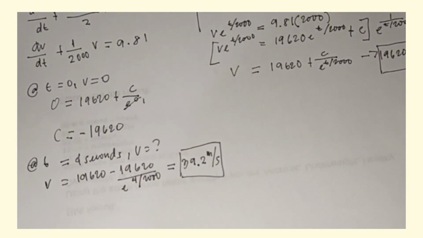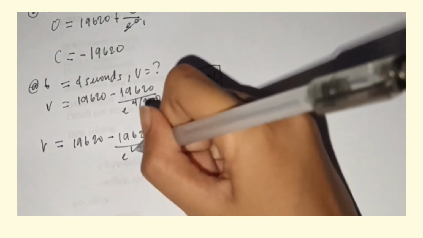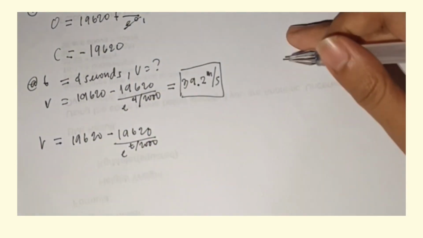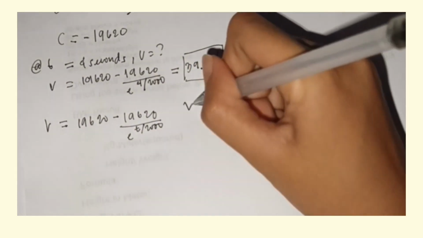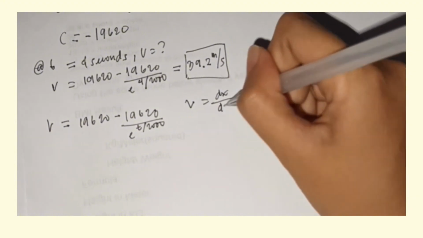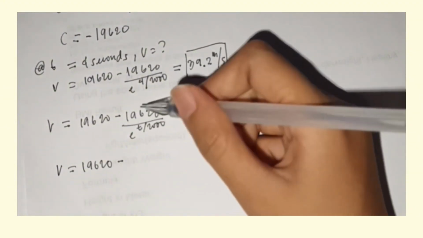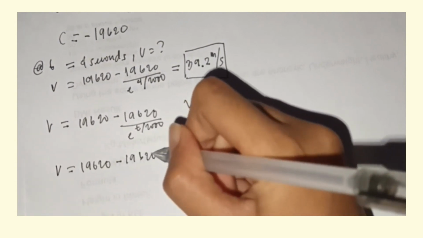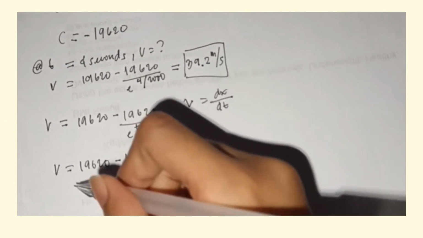So we know that our velocity at any time t is 19620 minus 19620 over e raised to t over 2000. Okay, distance: the relationship of the distance and velocity is that velocity is the change in displacement over time. So v here is 19620 minus, I'm going to put this on our numerator, e raised to negative t over 2000, so it becomes negative.